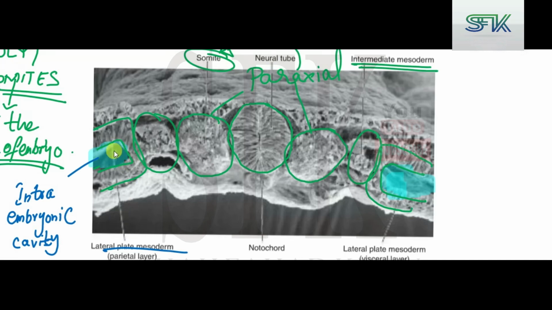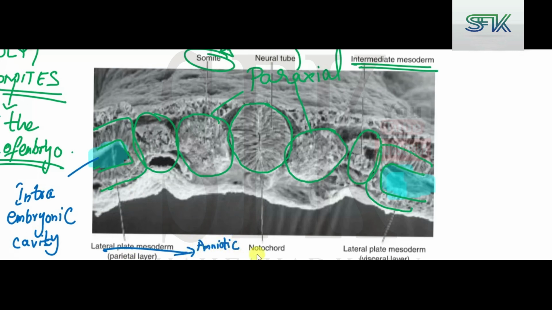And by the way, the labelings are not that clear, but this labeling is, I think, going on to one layer, and this labeling is going on to the other layer. Because the picture is black and white, the labeling might not be that clear, but this is what the labeling actually tells us. And there is this intra-embryonic cavity over here. If this upper layer is the parietal layer, then what cavity is it supposed to surround? The parietal layer surrounds the amniotic cavity.